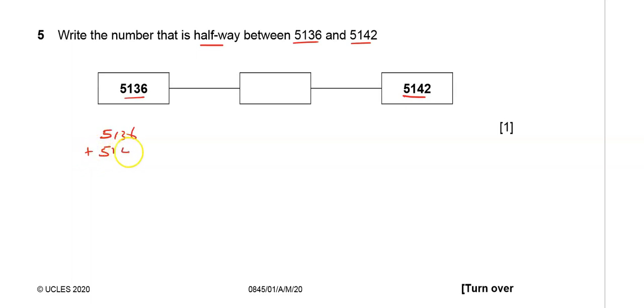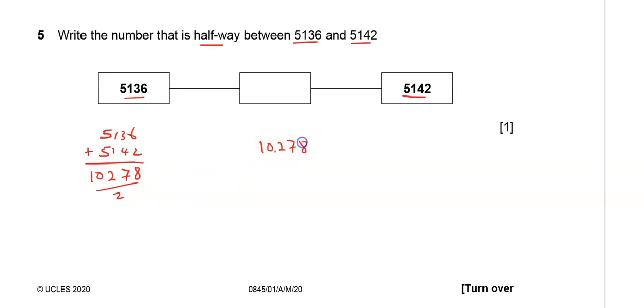So when you add 2 plus 6, that's 8. 3 plus 4, you get 7. 1 plus 1 is 2. 5 plus 5, you get 10. Then we divide this number by 2. We can do long division.